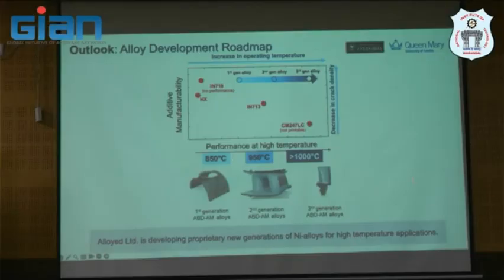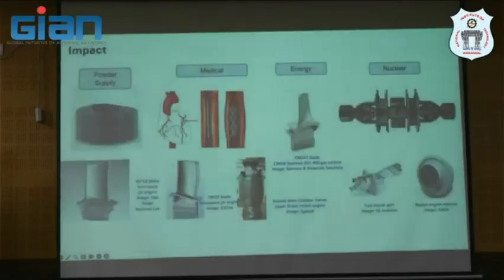I think now we have 4 or 5 alloy companies with the new generation of high temperature applications. And with that, I want to mention something that is not relevant for nickel, but just to show that the impact of this directly will be on powder feedstock companies, right?